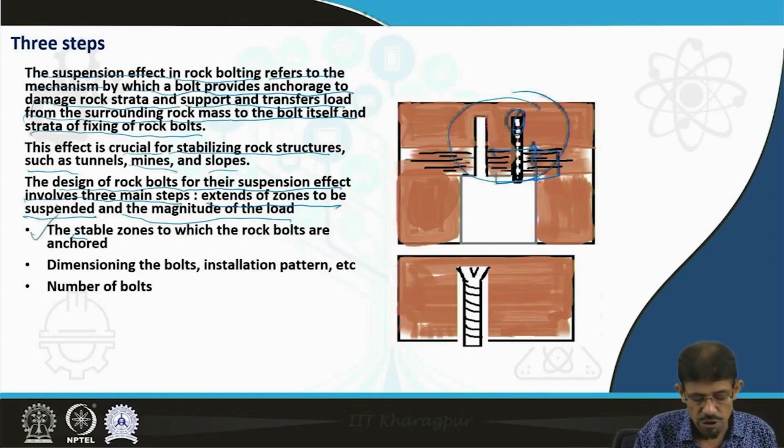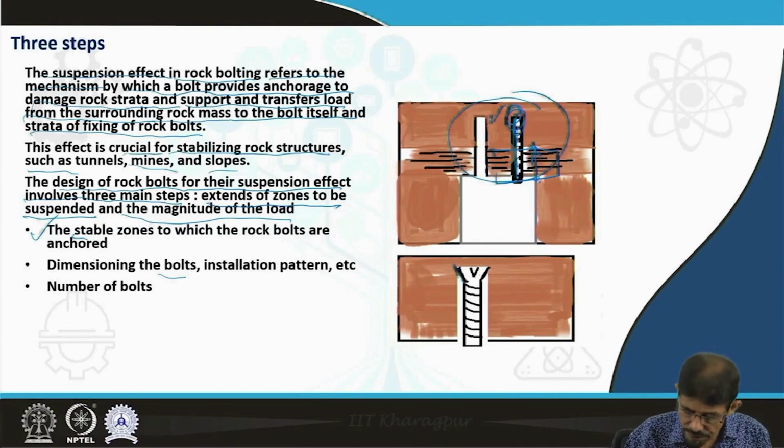Then, the strength of the stable zone: is it able to hold the load transferred through this rod or not? And then the pattern of the rock bolting: how many bolts are required, and what is the geometry and length of the bolts, etc.